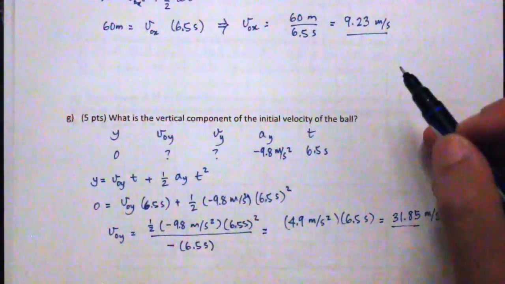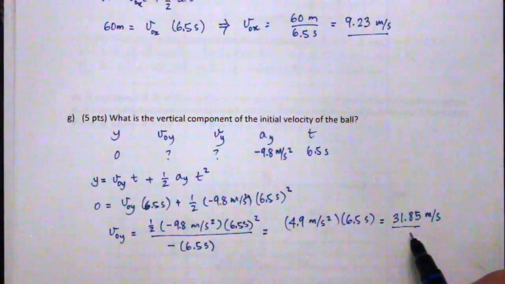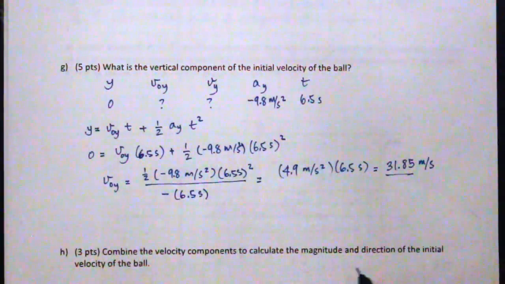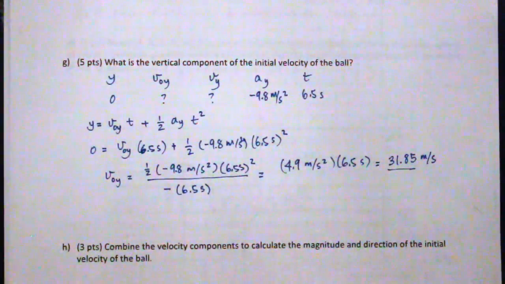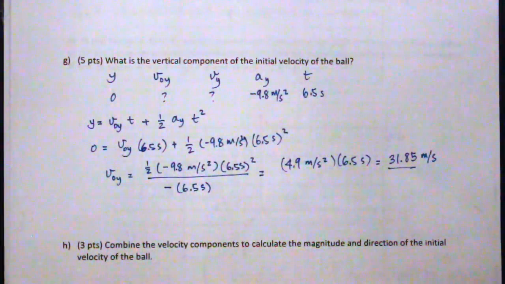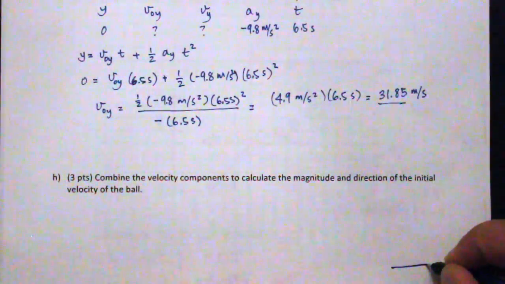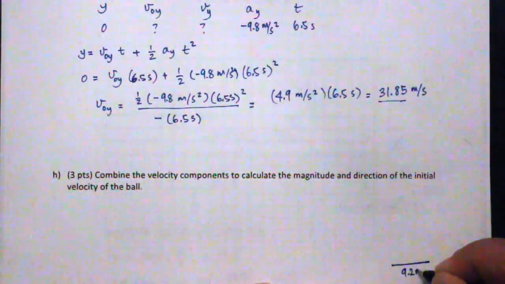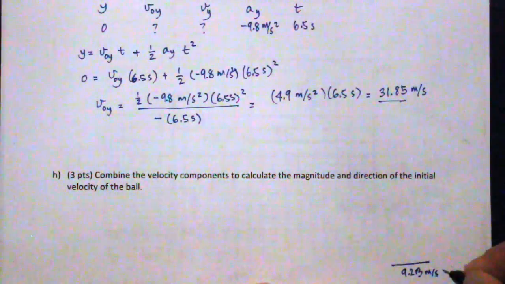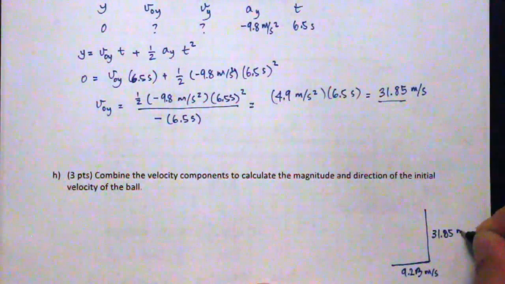So I've calculated the x component of the initial velocity and the y component of the initial velocity. I can combine these two velocity components to calculate the magnitude and direction of the velocity. So I know that the x piece turned out to be 9.23 meters per second, and the y piece turned out to be 31.85 meters per second.